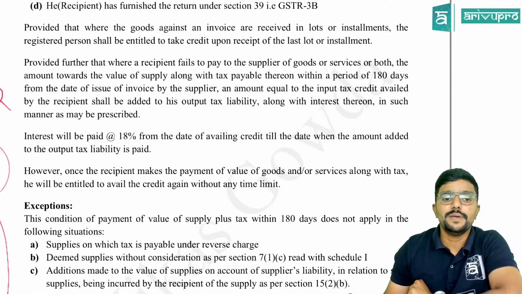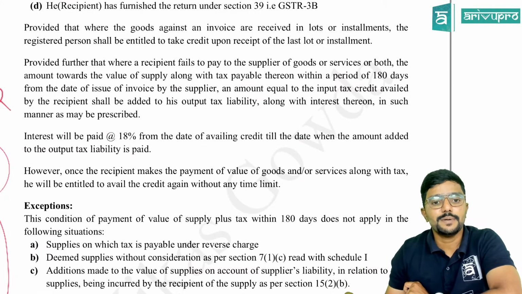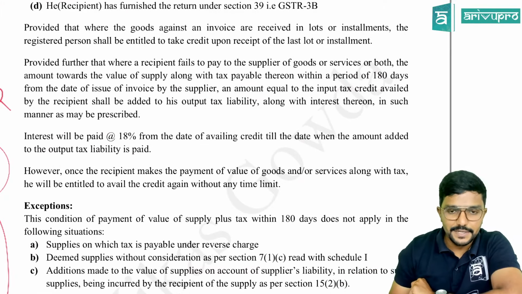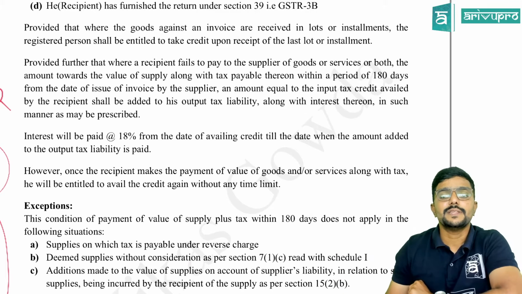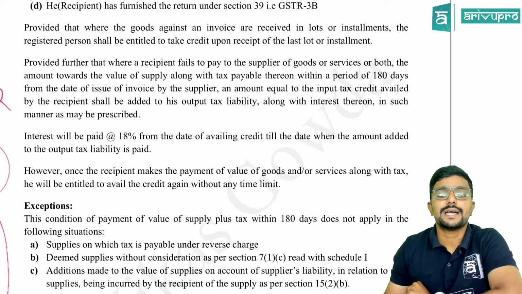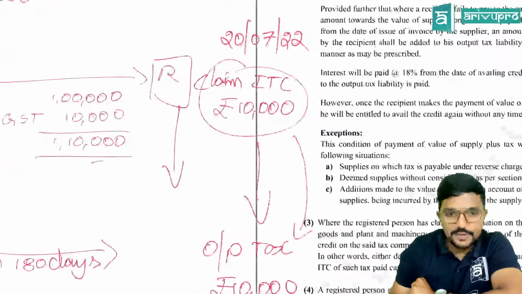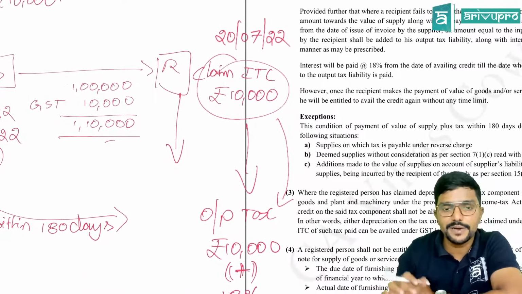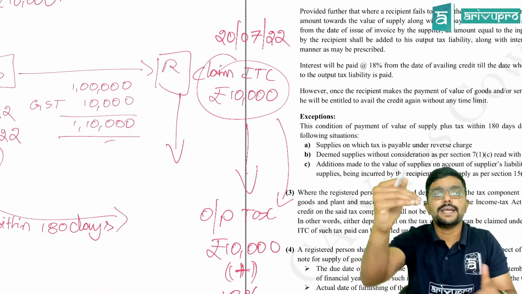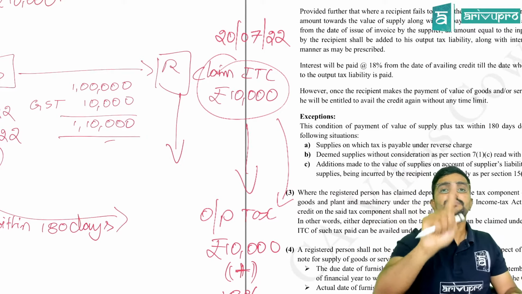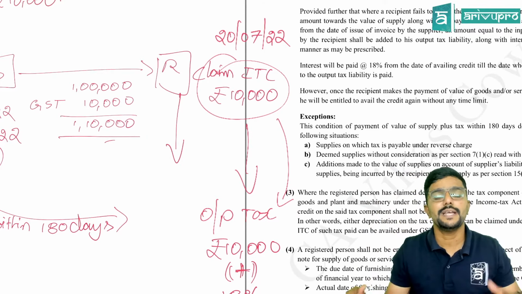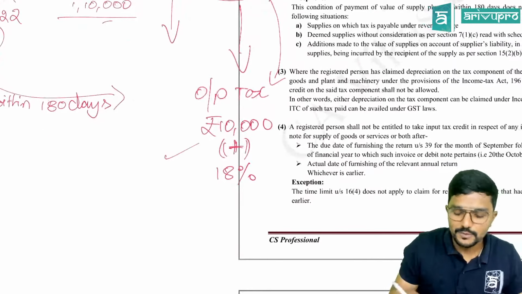Next, interest will be paid at 18% from the date of availing the credit till the date when the amount added to the output tax liability is paid. Now, when did the recipient claim the credit? 20th July. From that day, on 10,000, 18% interest will be charged. Till when? Till you pay this amount.